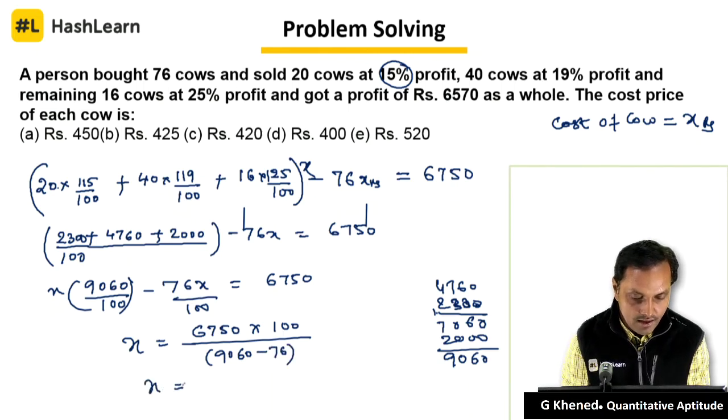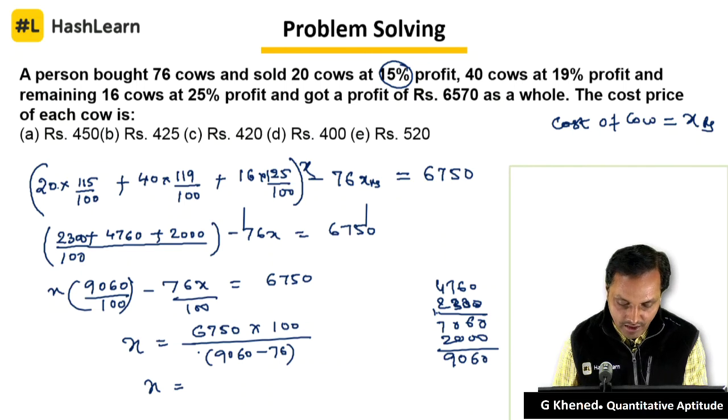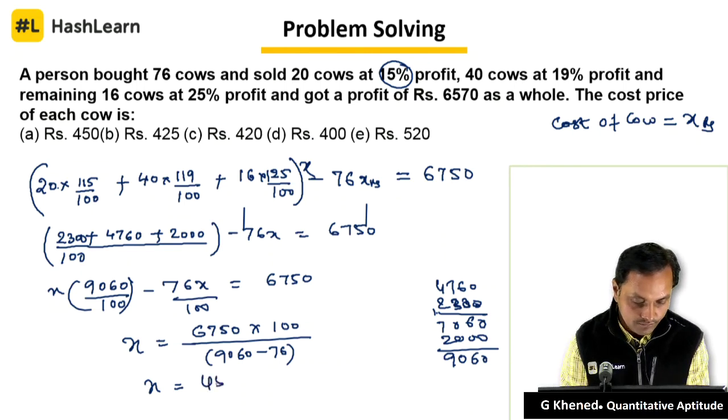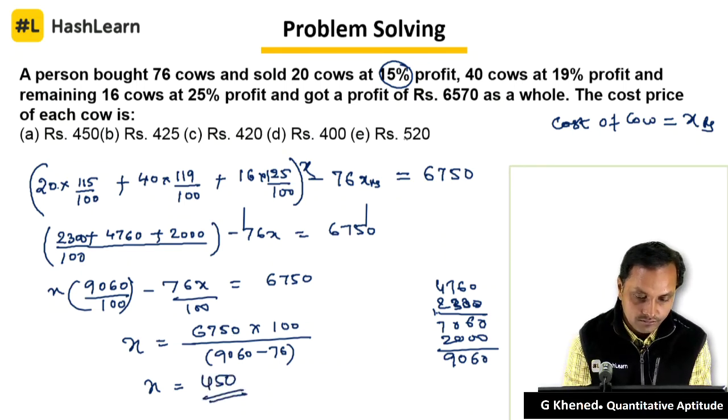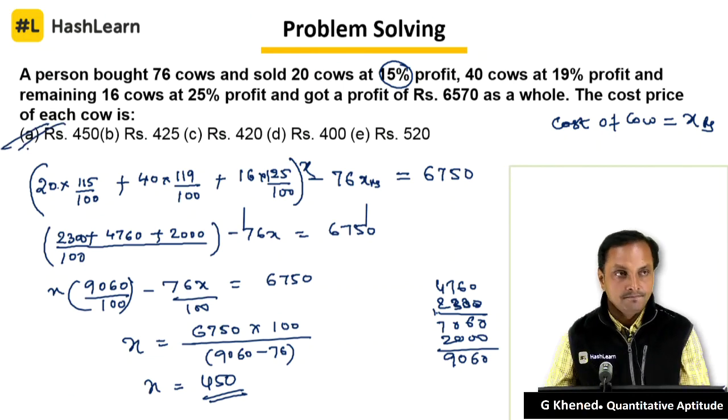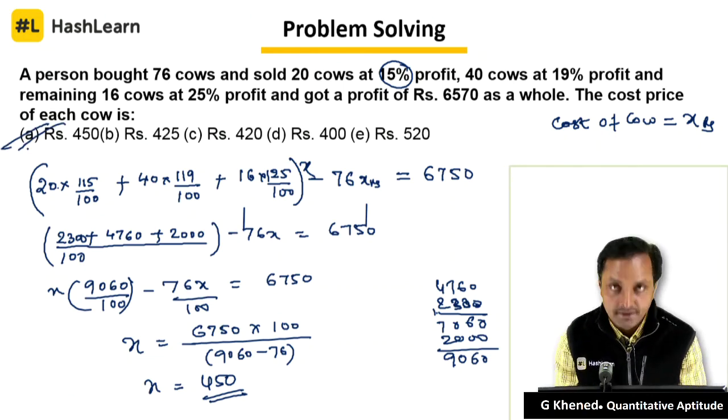Once you do this, your final answer will be option A, 450 rupees. Okay.